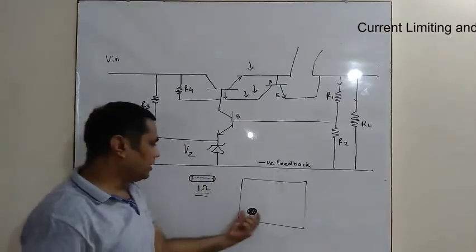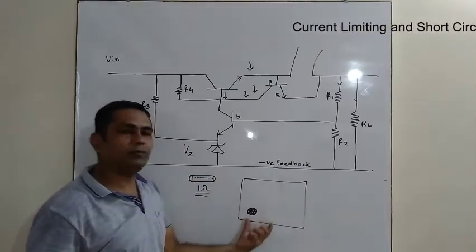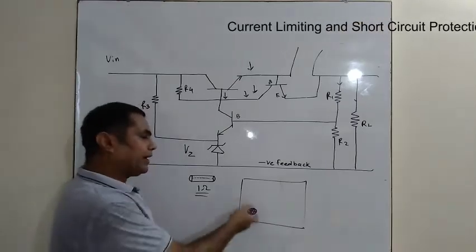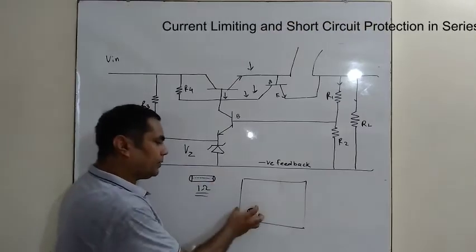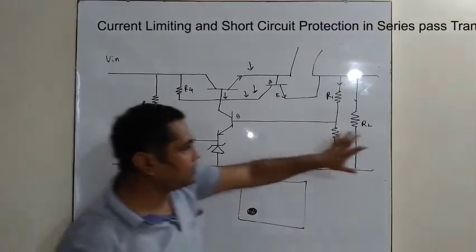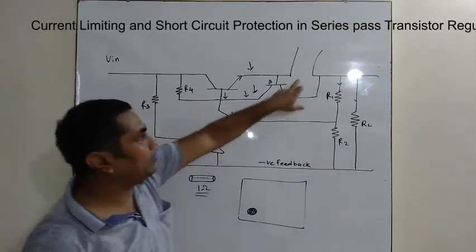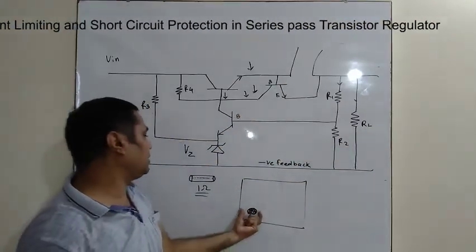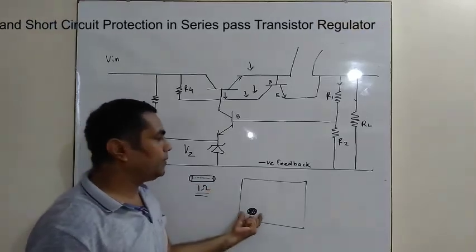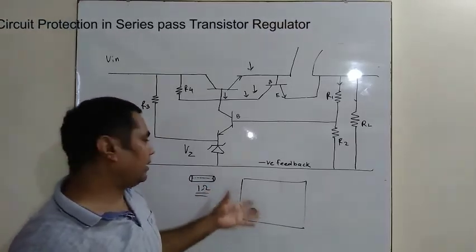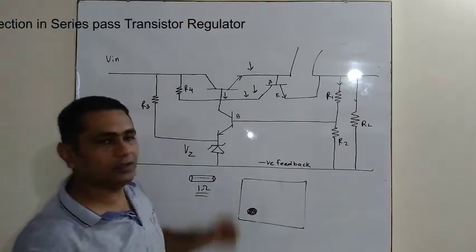These fuses are available at the back of the regulated power supply, so they can be removed and replaced. So if a short circuit occurs, only the resistor will be damaged, and that resistor in the form of a fuse can be replaced, and we can save the power transistor.